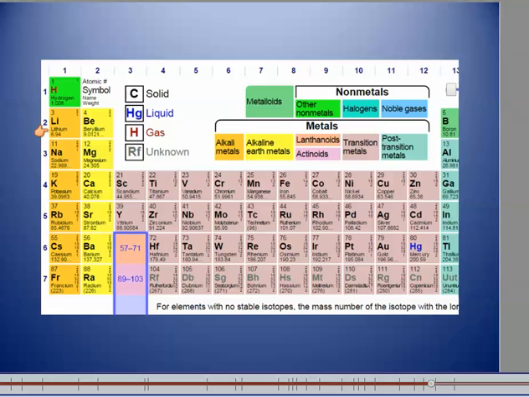Really often, as far as we're concerned, we're only going to get the number of protons from this because we're given an atomic mass. So really all you have to look for is what the number is there in the corner. So this is lithium. It has a 3 there. And what does that 3 mean?